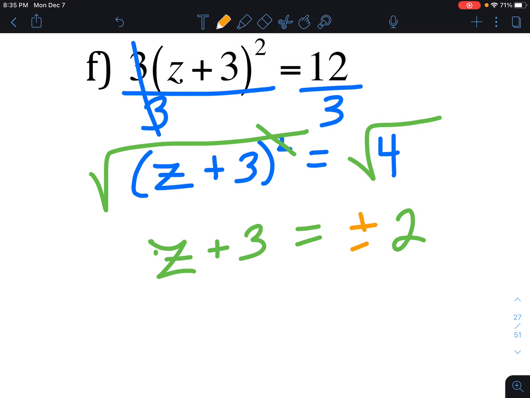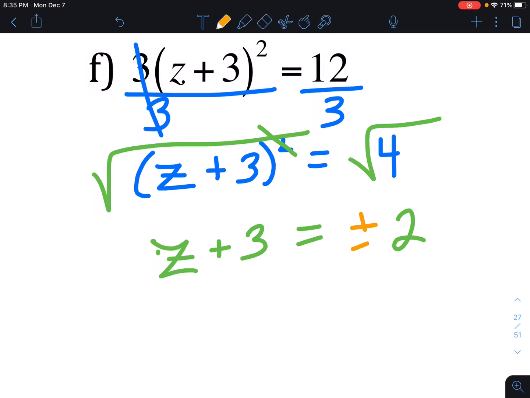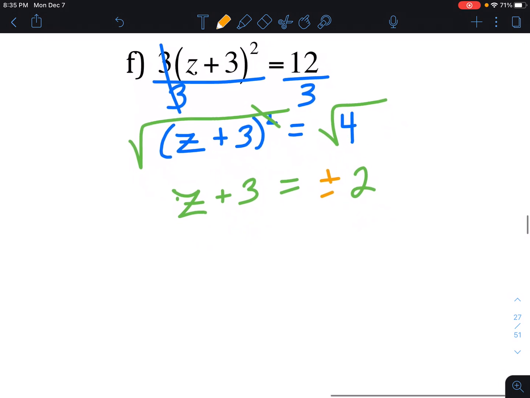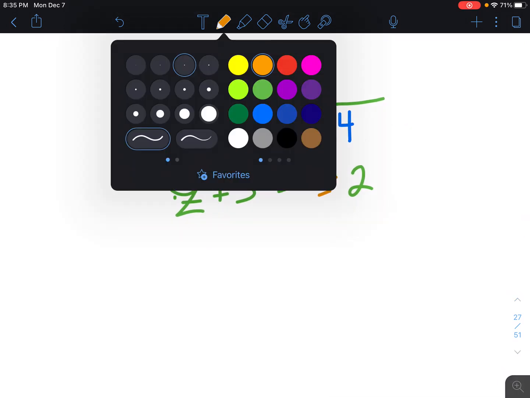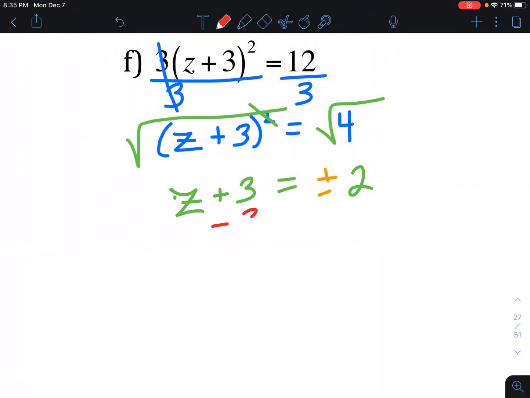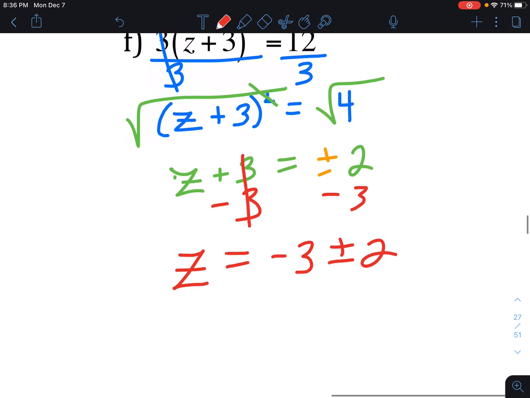Now, in this guy, not done yet, still got to subtract 3. So be careful here. Let's see what happens. This is a little different than letter E. So z is, and remember, we got to get two answers here. So if we have this, say, negative 3 plus minus 2, how do we get two answers out of that?